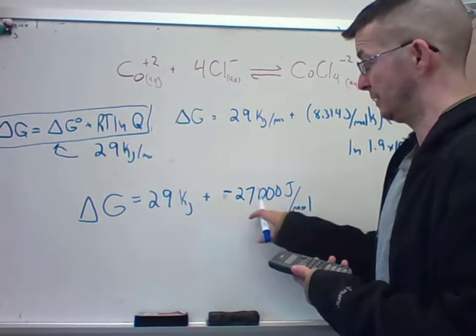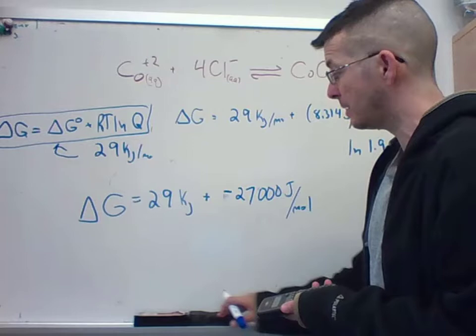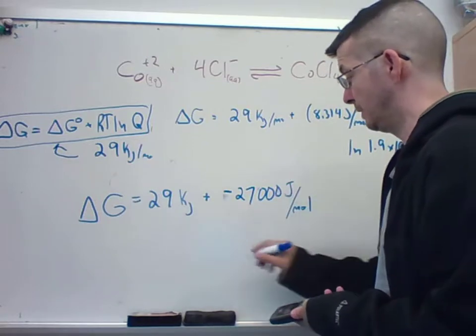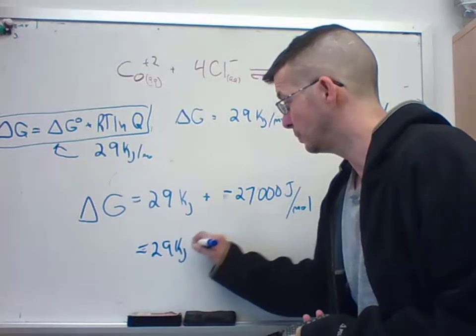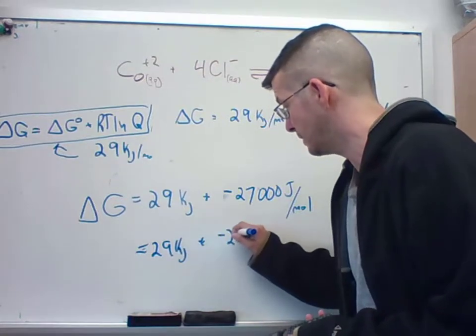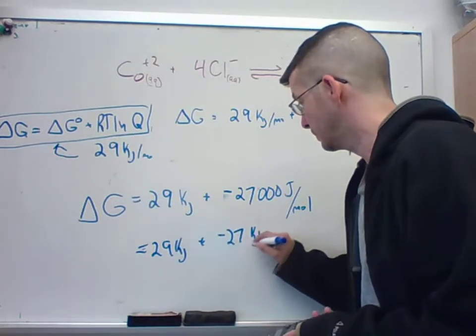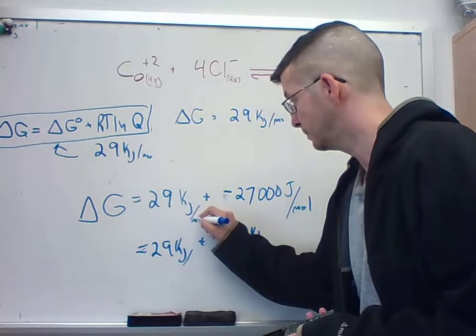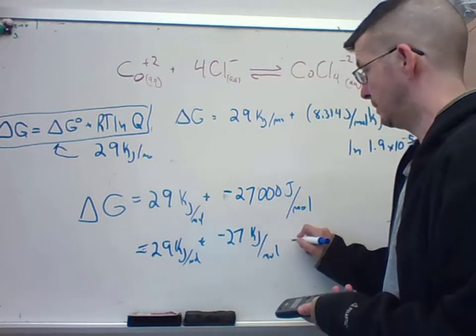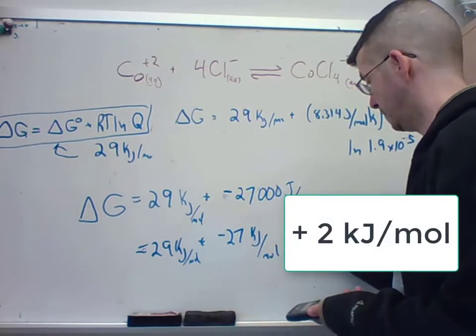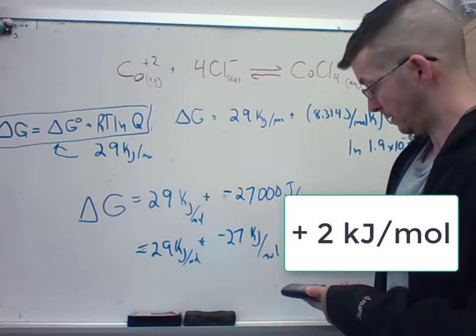To add kilojoules and joules, they need to be the same, and so we will convert this one into kilojoules. 29 kilojoules plus negative 27 kilojoules gives us 3 kilojoules.